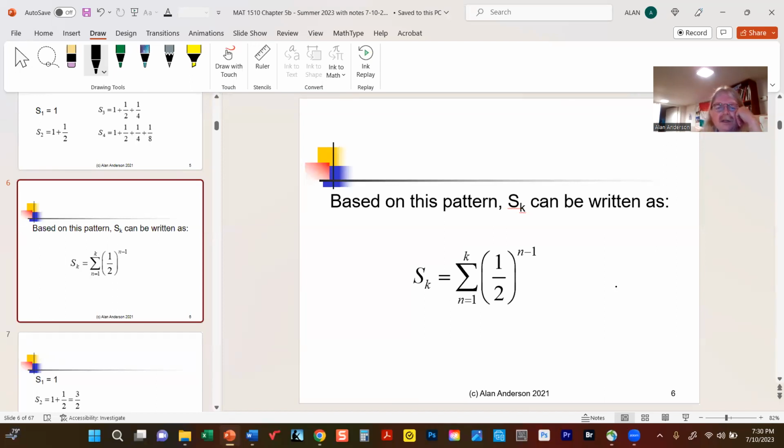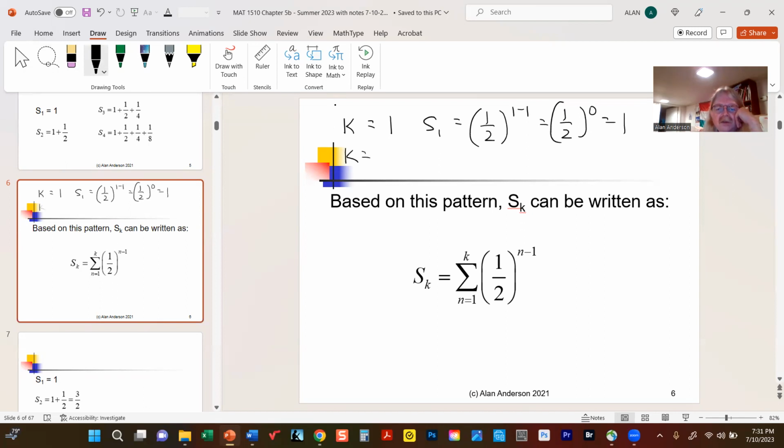For example, when k equals 1, then S1 would therefore be 1/2 to the 1 minus 1, which is 1/2 to the 0 power, which is 1.